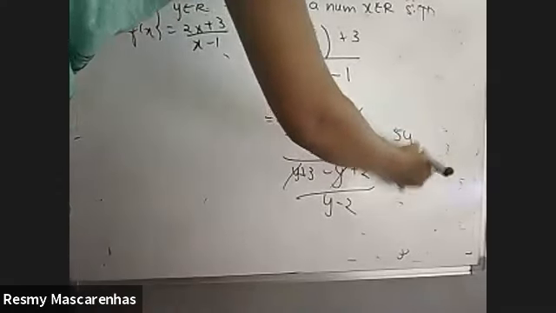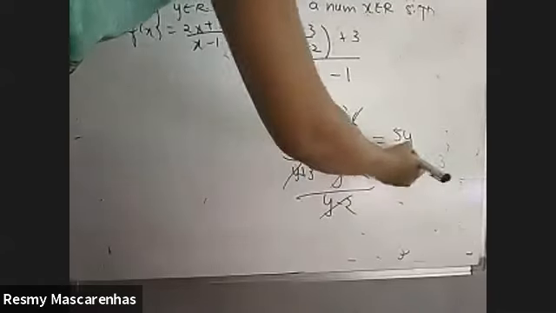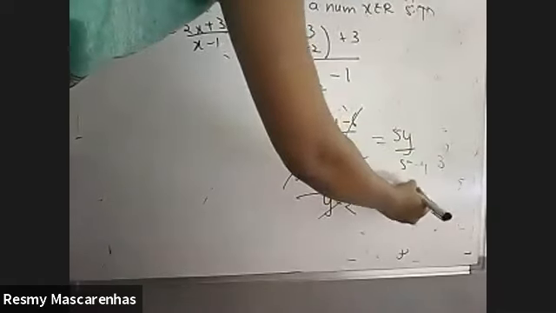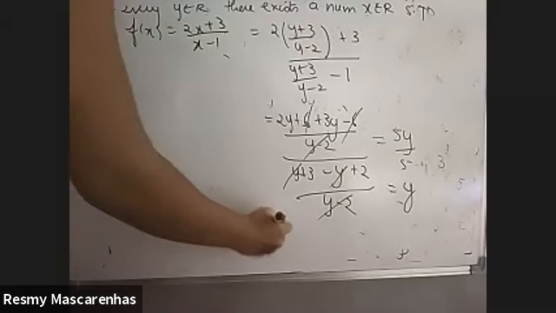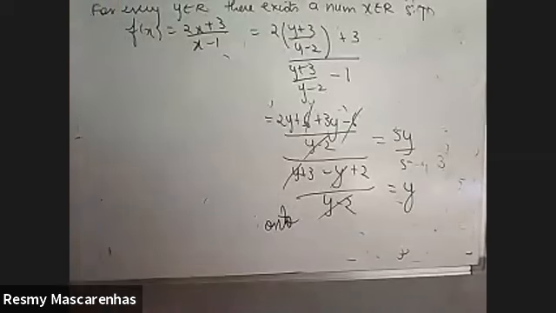So this will be 5y upon 5. Okay, and therefore it will be onto, hence invertible. Okay, right. Therefore, it is invertible. And then find the inverse.